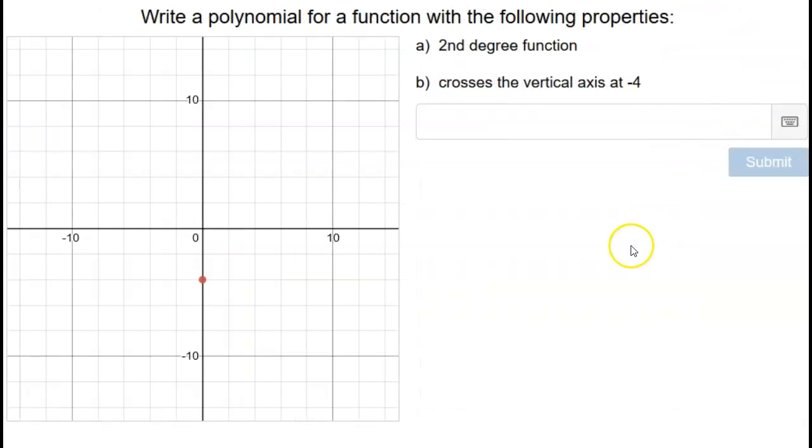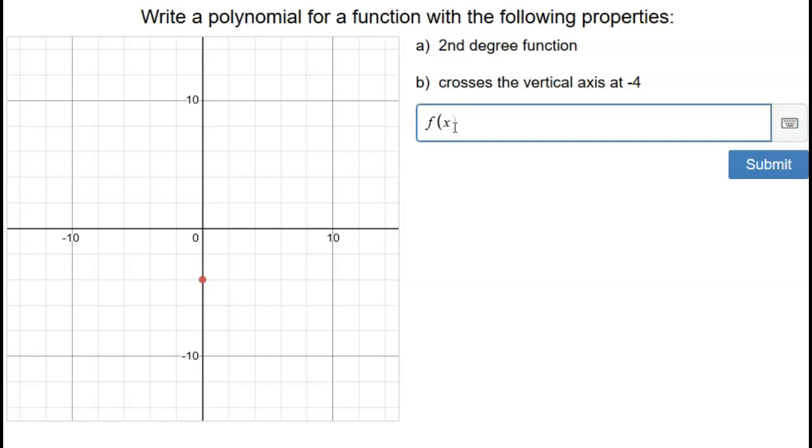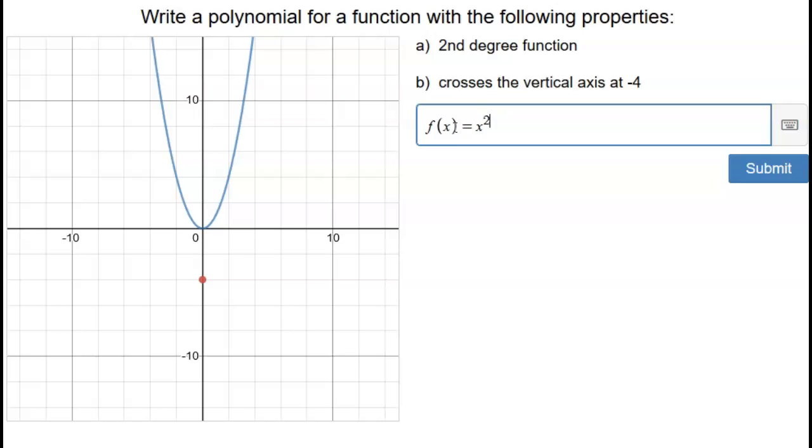Okay, for the next one, we need a second degree function, which means that it's going to have to be something squared. Okay, so f of x is equal to x squared, but it needs to cross the vertical axis at -4. So I can put the -4 here.